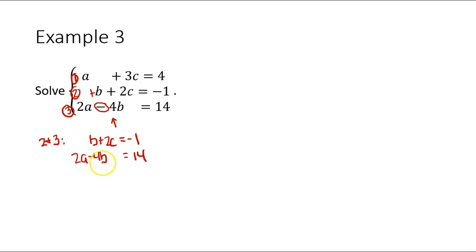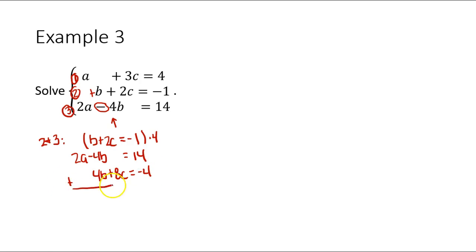Since I know I'm going to eliminate the b's, I'm going to multiply this top equation by 4 so that I can get a 4 right here, and my b's will cancel one another out. That's going to give me 4b plus 8c equal to -4.